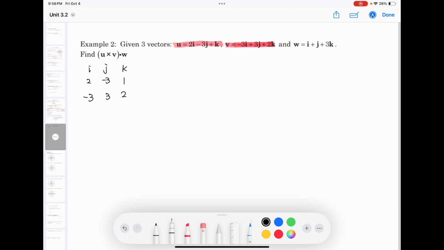Now let's do the cross product. So U cross V is equal to positive determinant times I minus determinant of square matrix times J plus determinant times K.